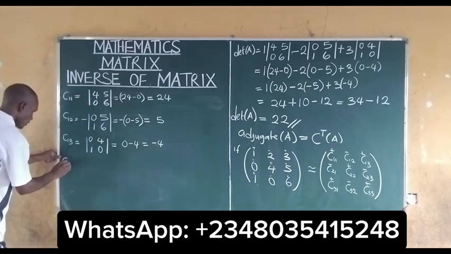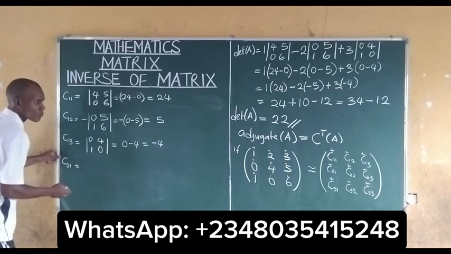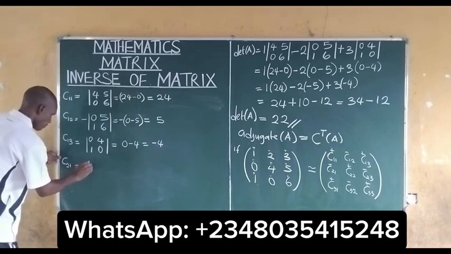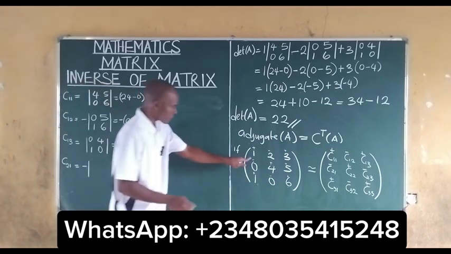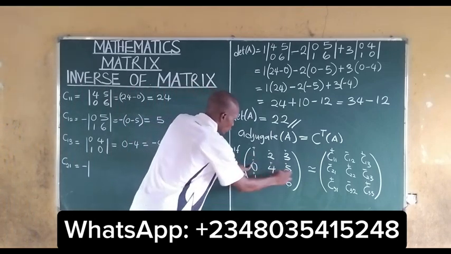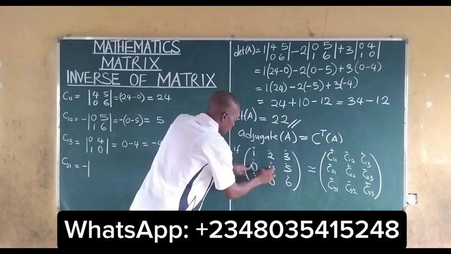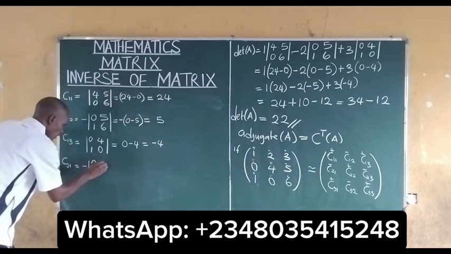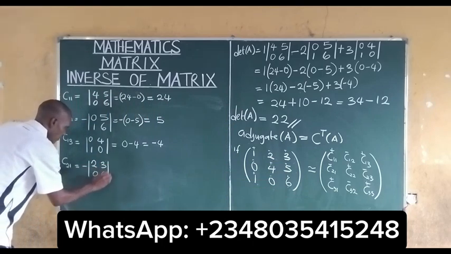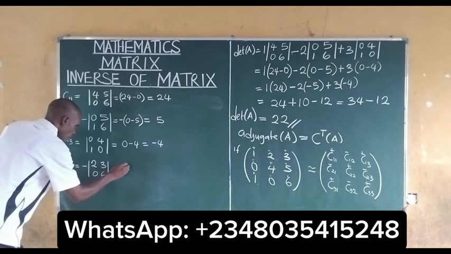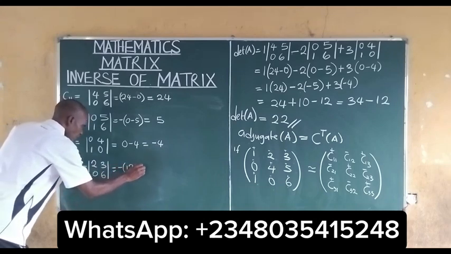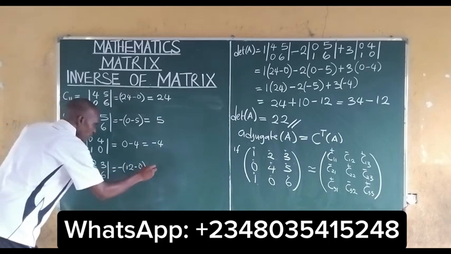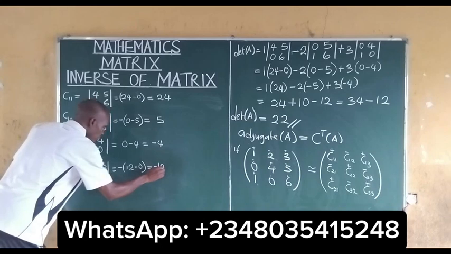We have C21, which has a negative sign. It removes the whole of this row and column, so we are left with 2 3 0 6, which is equal to negative of 12 minus 0, which is negative 12.